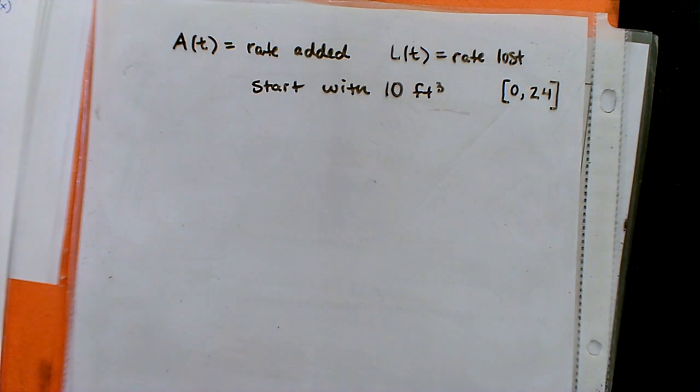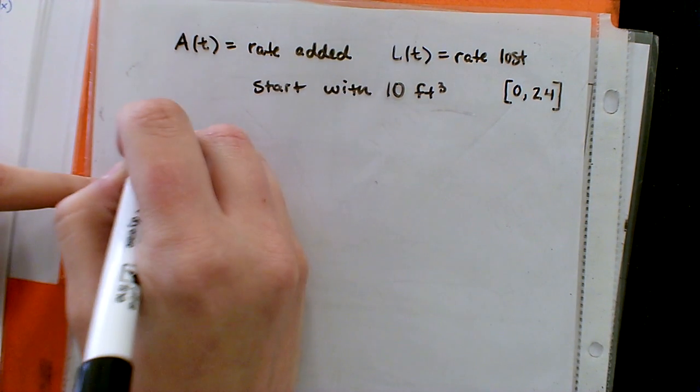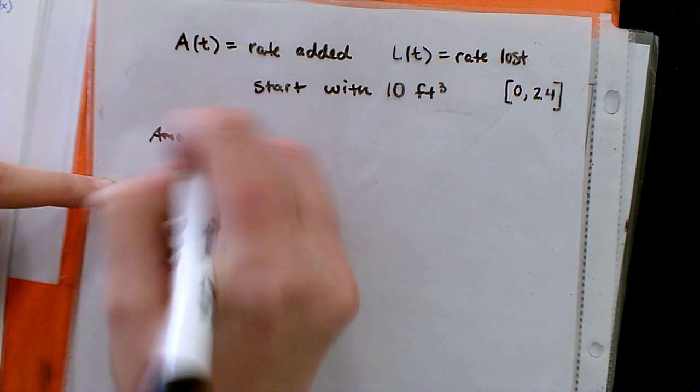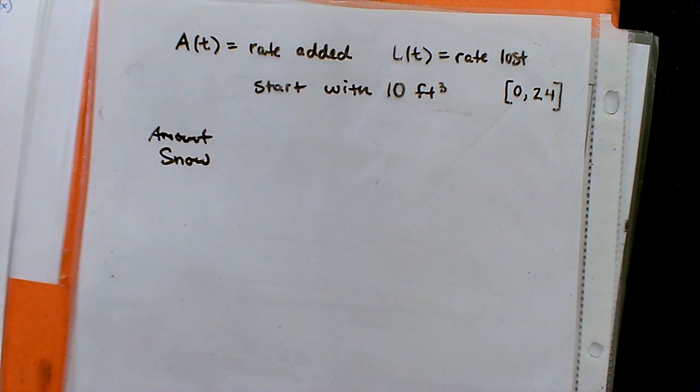Okay, so this is not in your notes. This is just an example for you to see how this second fundamental theorem of calculus can be used. How would you want to write an equation to represent the amount of snow at any time?